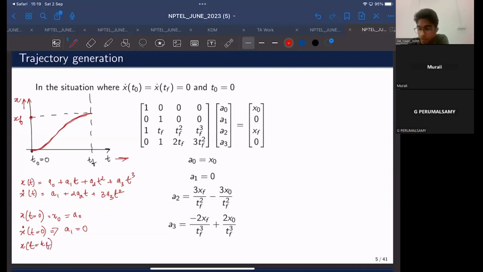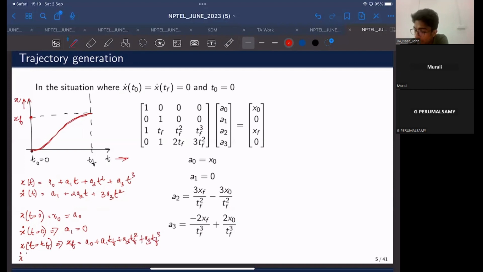And at the goal position, x of t is tf. What is your final position? This implies xf. The final position would be a0 plus a1 tf plus a2 tf square plus a3 tf cube, right? So now what will be the velocity?